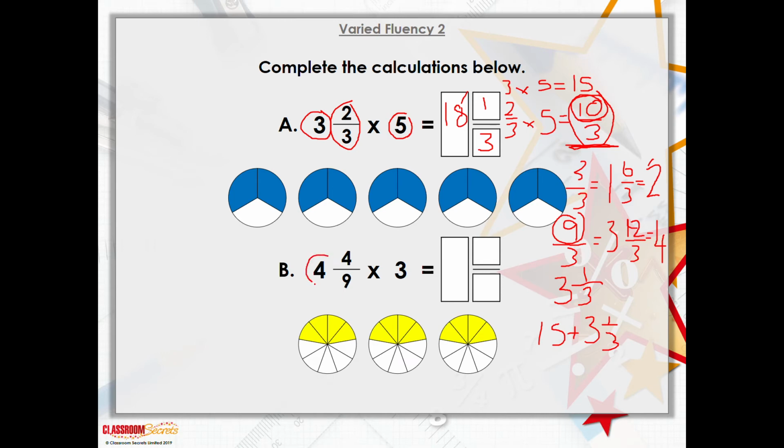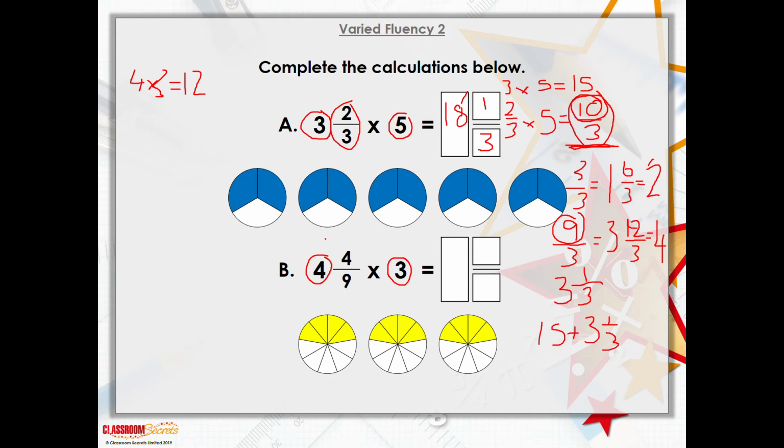4 4/9 times by 3. So again, my first step is to multiply my whole numbers together, and I'll do this on left hand side. 4 times by 3. Oh, sorry, that's an awful 3. Sometimes it goes a little bit wonky. Is 12.